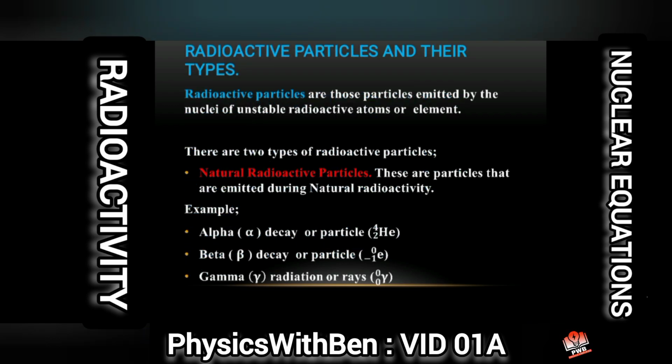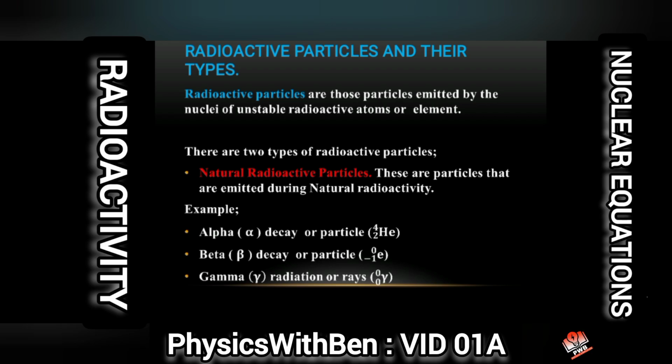We want to look at radioactive particles and their types. Radioactive particles are those particles that are emitted by the nuclei of unstable radioactive atoms or elements. They are particles that are emitted during radioactivity from radioactive atoms or radioactive elements.